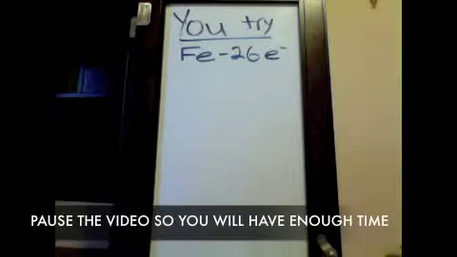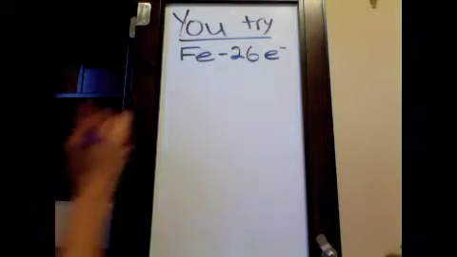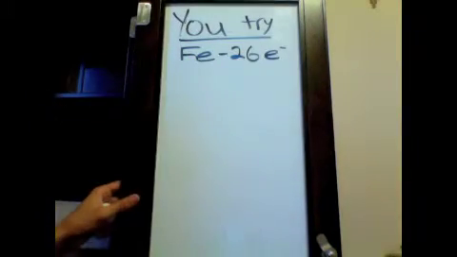Now you try. Write the electron configuration and orbital diagrams for iron. Go. Okay, here's the answer.